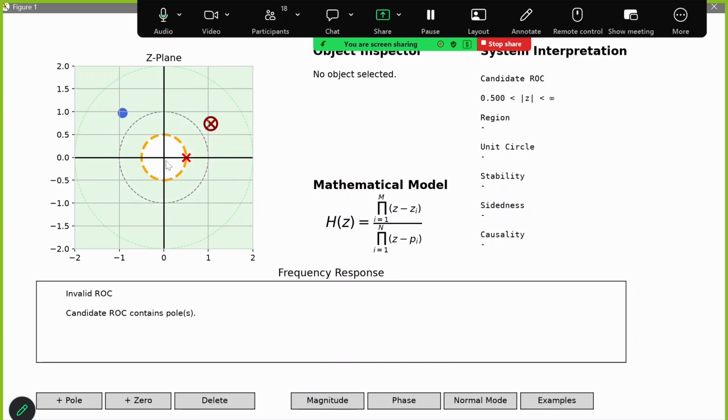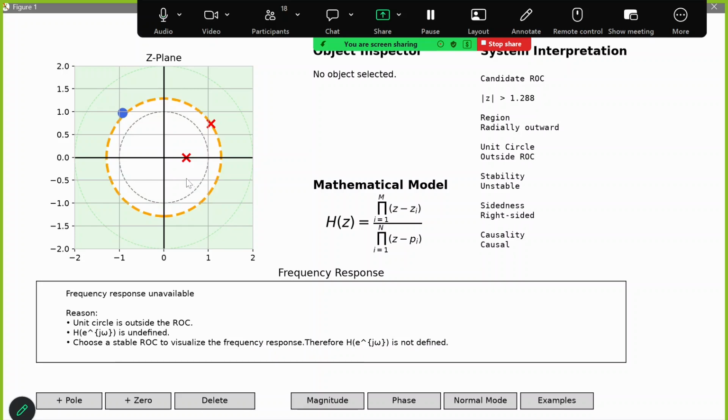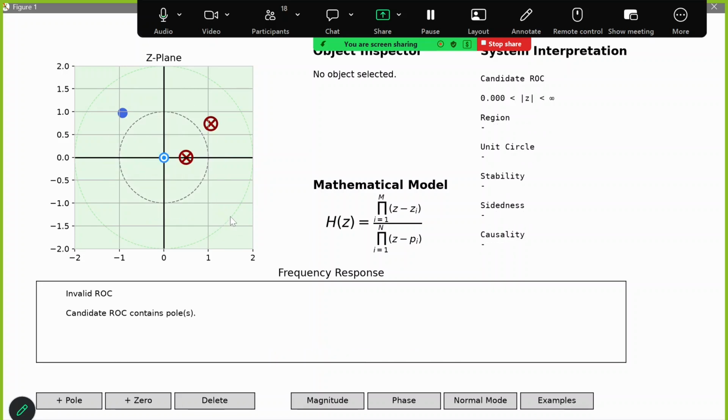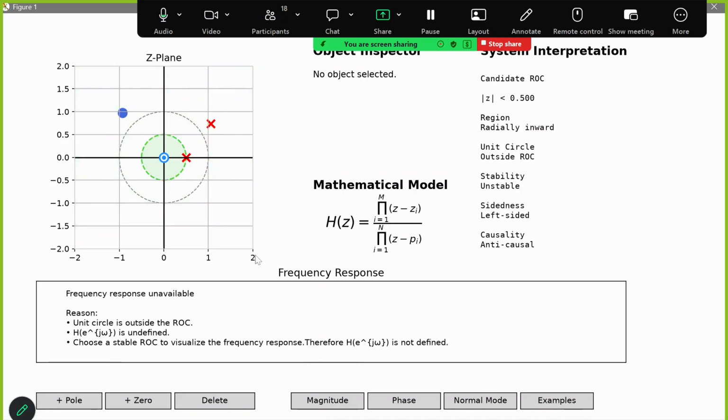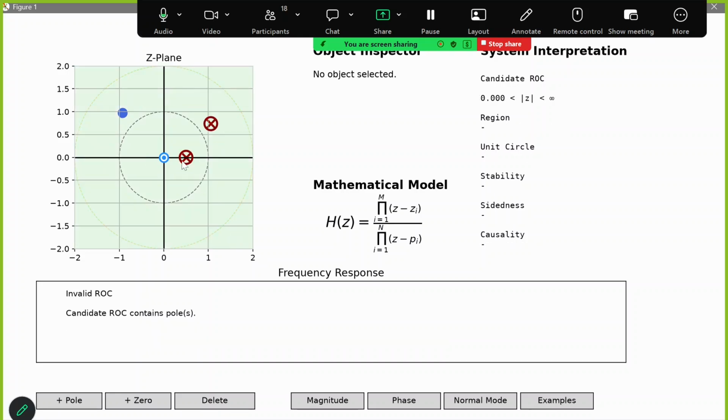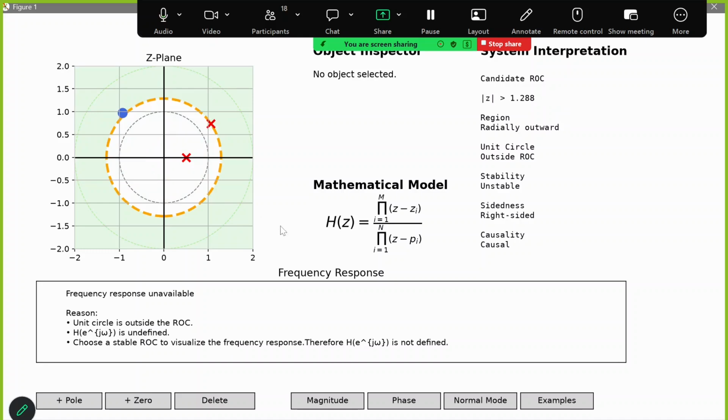If I have the ROC to be like this, going inward towards the origin, then this system is said to be left-sided. And if the ROC is going outward like this, then we say that the system is right-sided. It's growing outward like that from the circle.